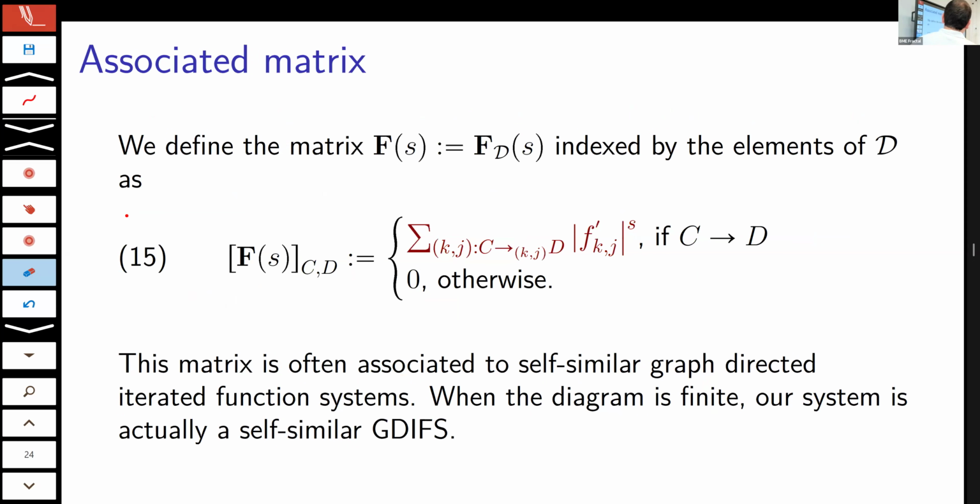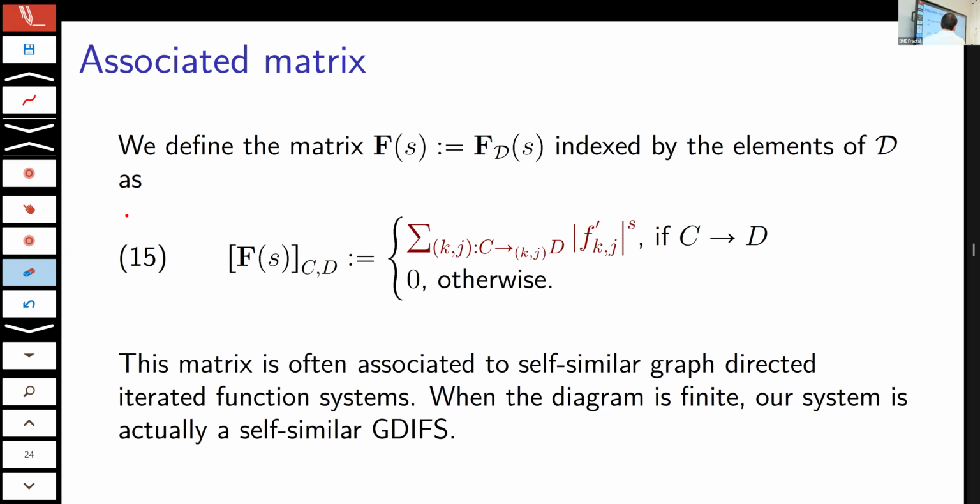I have a diagram, and I want to define a matrix that will help us calculate the dimension. In an analogous way to graph-directed iterated function systems, we define this matrix F indexed by the elements of the diagram D in the following way: we take all the arrows from C to D with different branches, and we sum up the absolute value of the derivative of the corresponding branch raised to the power s.